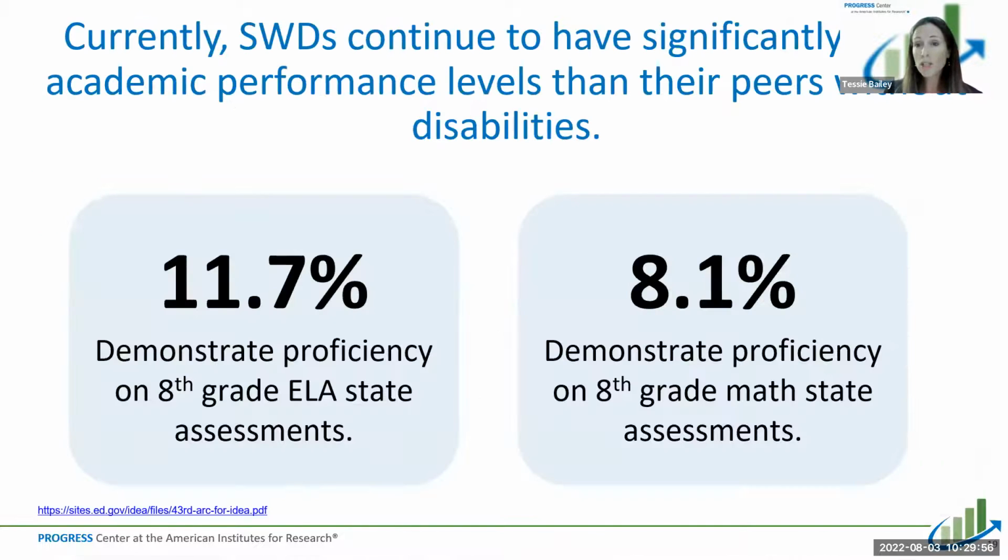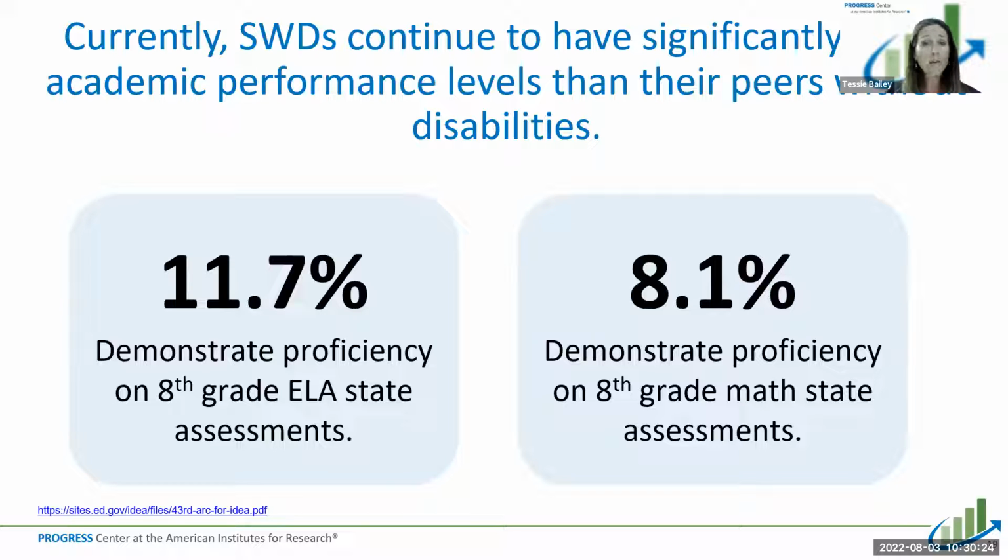I do want to share a current reality. It's not meant to justify where we're going, but it is the reality of where students with disabilities are sitting within academic achievement. Every year, states submit data to the federal government in a report that you can actually read, which gives you the pulse of overall education.